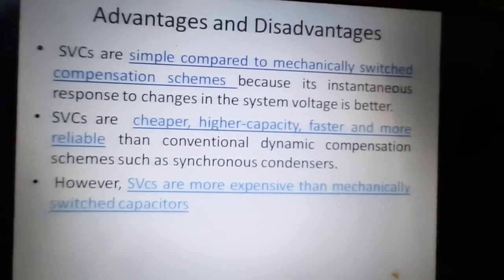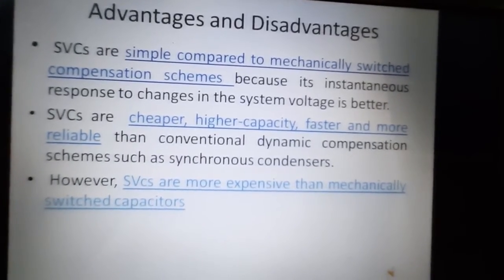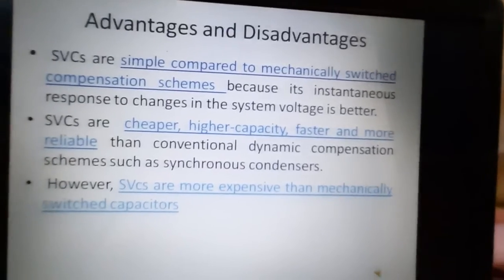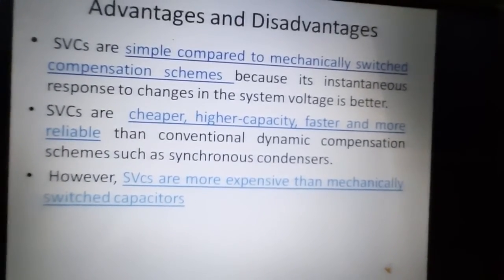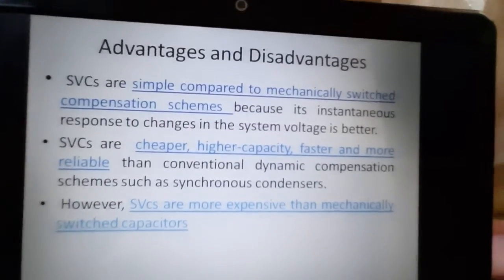SVCs are cheaper, higher capacity, faster and more reliable than conventional dynamic compensation schemes such as synchronous condensers. However, SVCs are more expensive than mechanically switched capacitors.